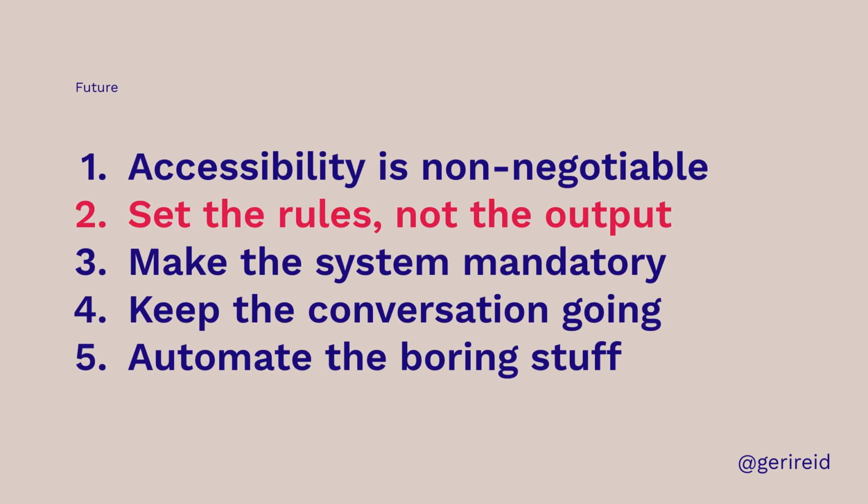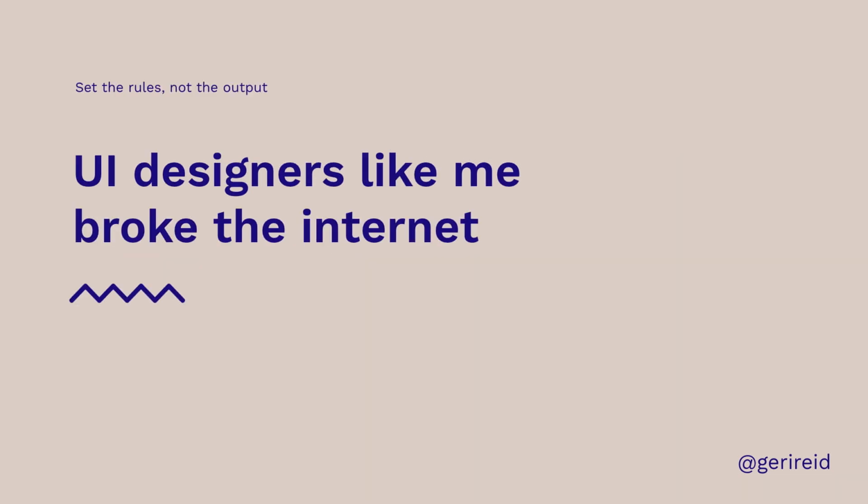Next up, set the rules, not the output. I've already spoken about the benefits we've seen from using composable components in NewsKit, but I'm talking about adopting a different mindset. Starting with a big confession, UI designers like me broke the internet.